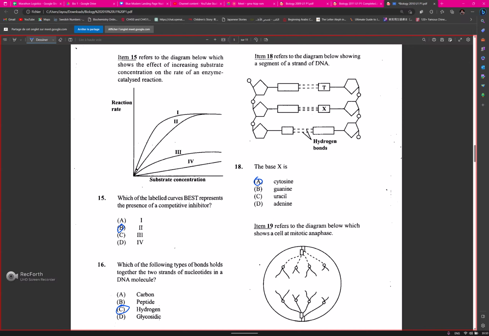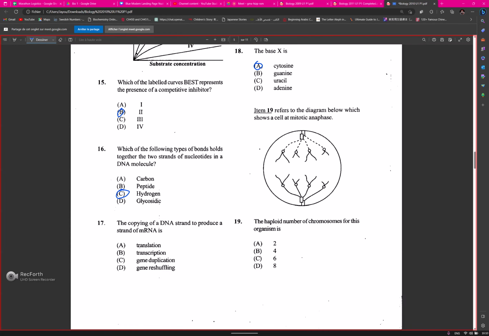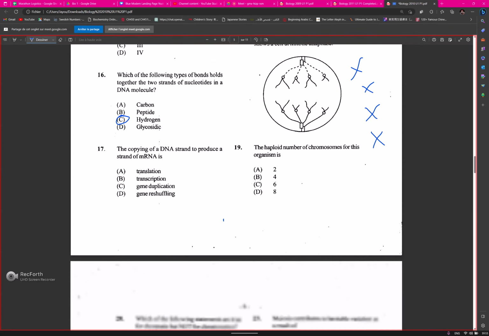The base X is cytosine. Beautiful. The haploid number of chromosomes for this organism is... how could we tell? So in anaphase there would be 1, 2, 3, 4, right? That would be the diploid, right? Well, let's look at this. This is in mitotic anaphase, right? So before we would have 2, then we have replication 1, 2, 3, 4.